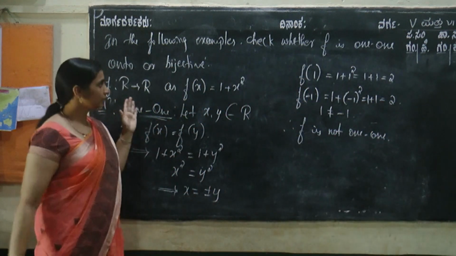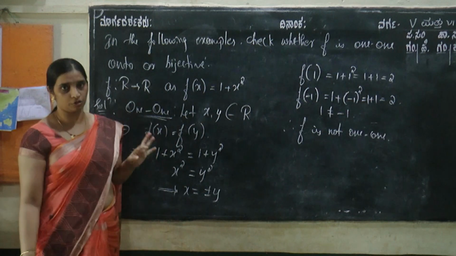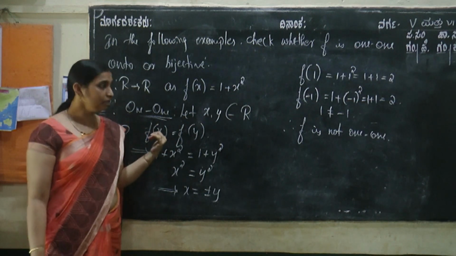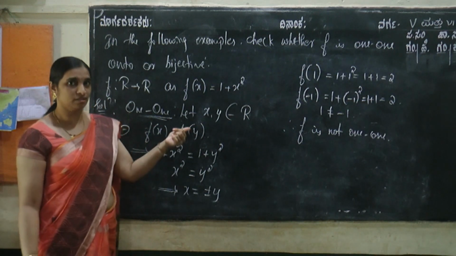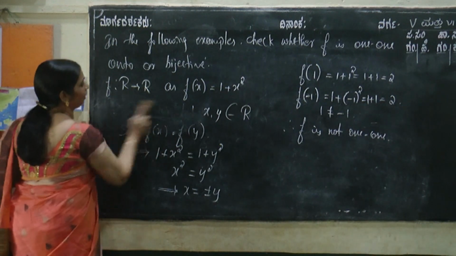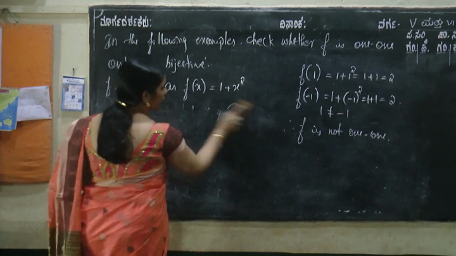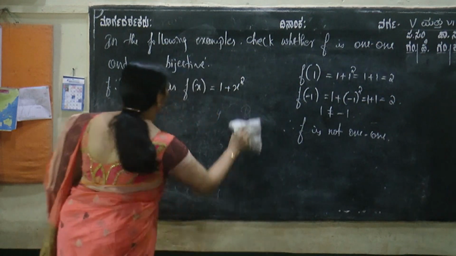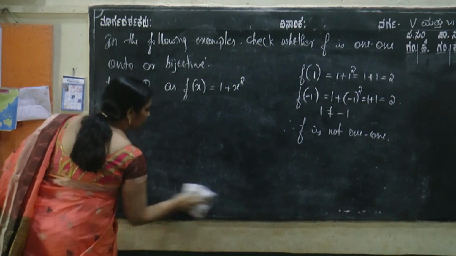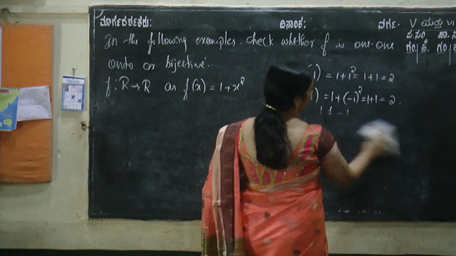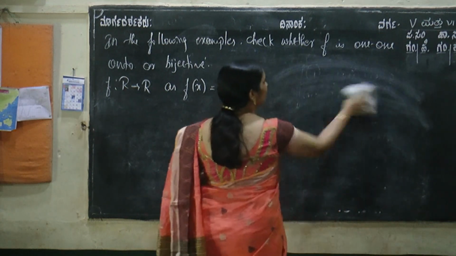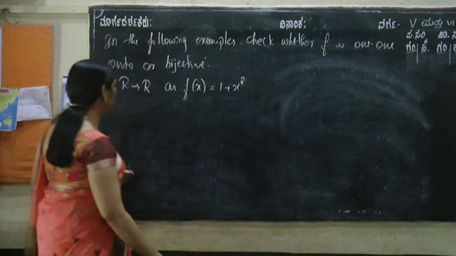Now how to prove whether the function is onto or not? Already we have solved an example in the previous question. The same method we will have to use now also. So what we do, we take one arbitrary element in the codomain and we check whether the element will be there or not in the domain.